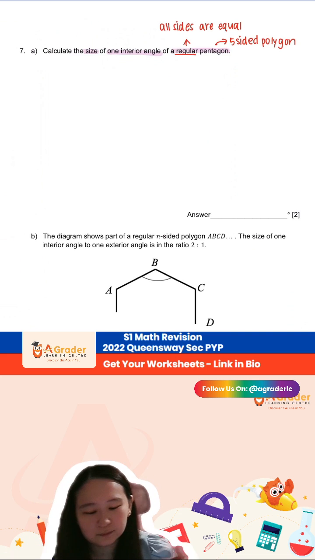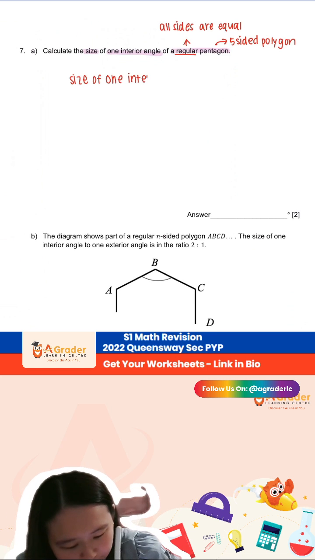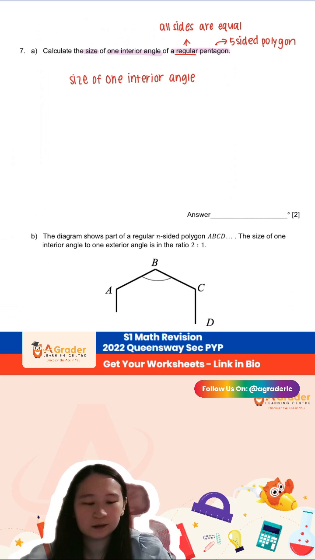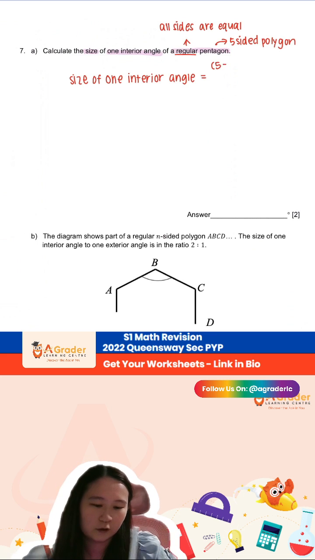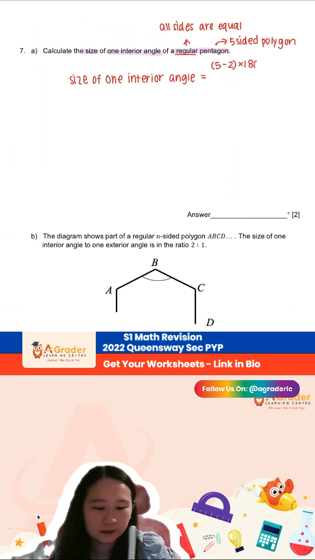With this, we can find the size of one interior angle. You can apply the formula here. So 5 sides, so 5 minus 2 times 180 degrees.